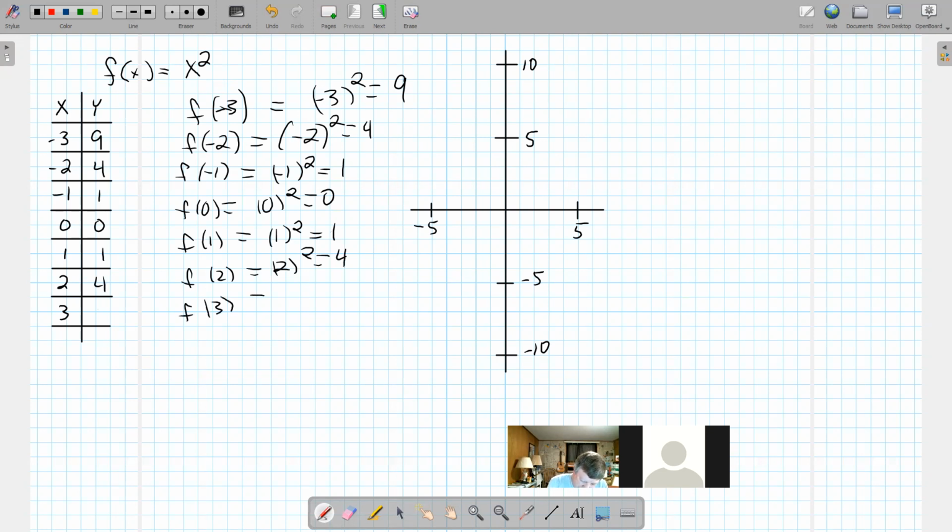And f of 3 is 3, the quantity squared, which is 9.